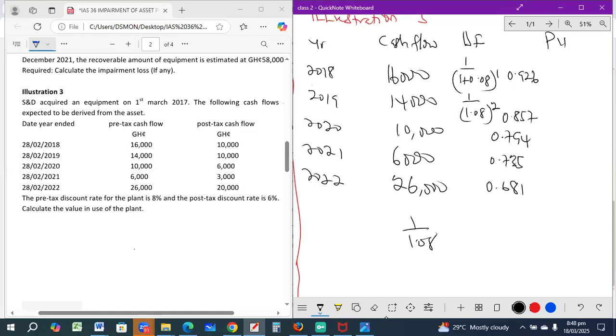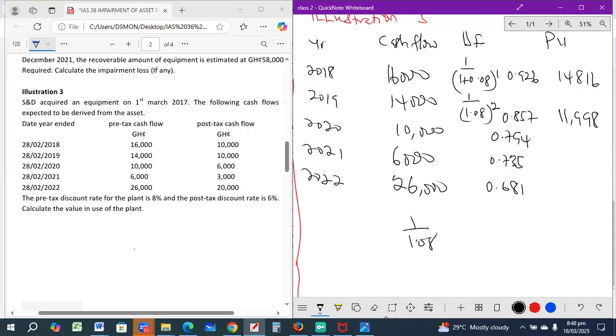All right. So what will be the present value? 16,000 times 0.926 is 14,816. I do not have a calculator here. Once the understanding is there, let's go. Year 2, 2019, 14,000 times 0.857 is 11,998.